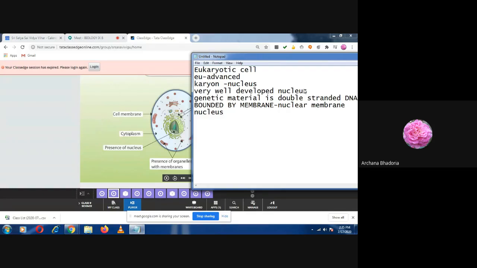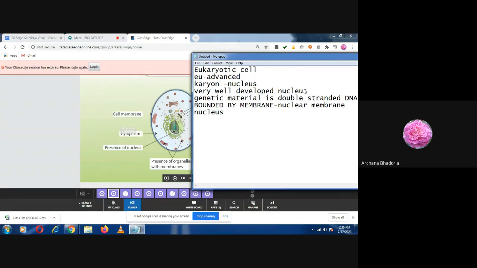So try to understand, number one, that this is derived from two words, EU and karyon. EU means advanced, so very well developed, and evolved later. Then karyon means nucleus. So it has a very advanced, very well developed nucleus. And why are we saying very well developed?